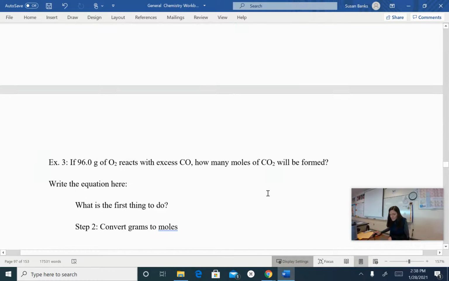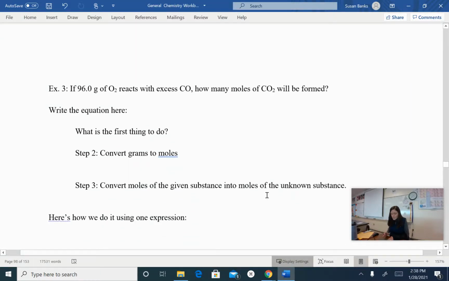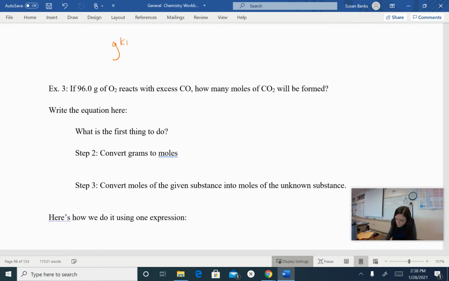All right? Next time, we are going to talk about how to go from grams to moles and then convert the moles from the ratio in the balanced equation and go back to grams. So this is what Stoich really, when it's fully powered, is. We start off with the grams of our known thing.